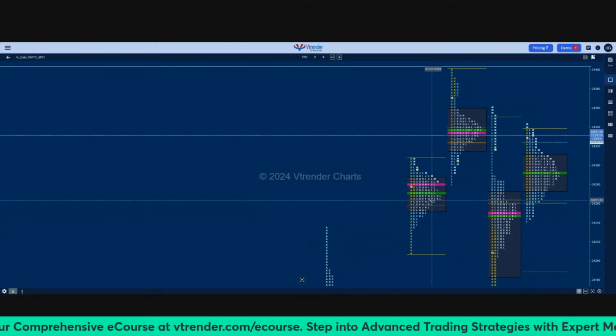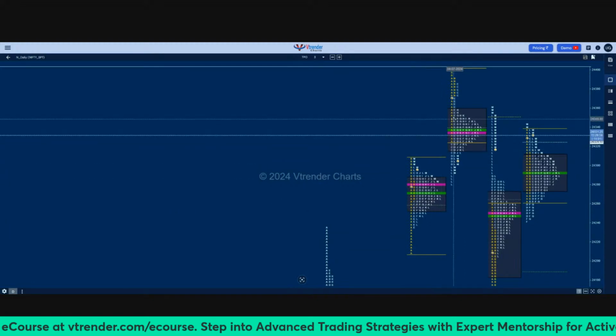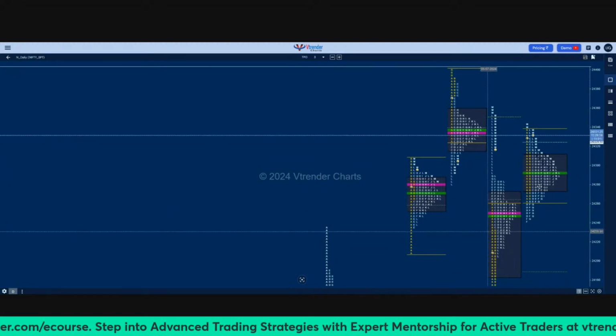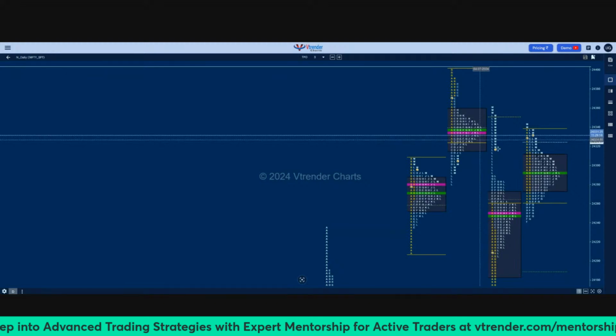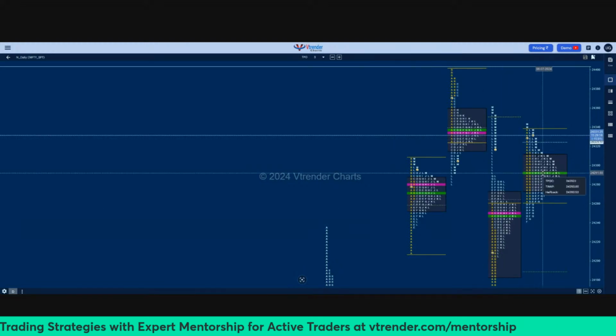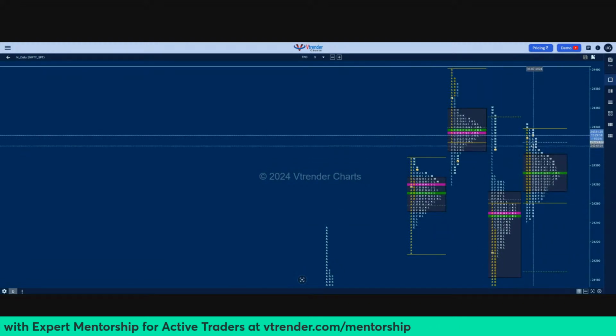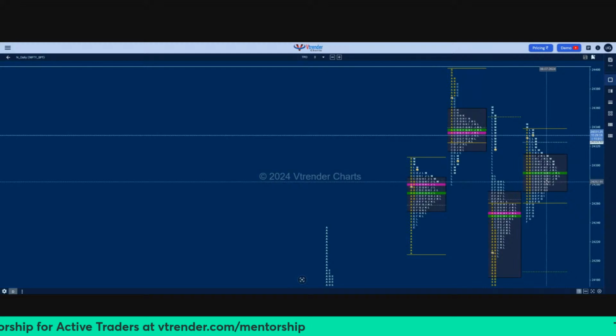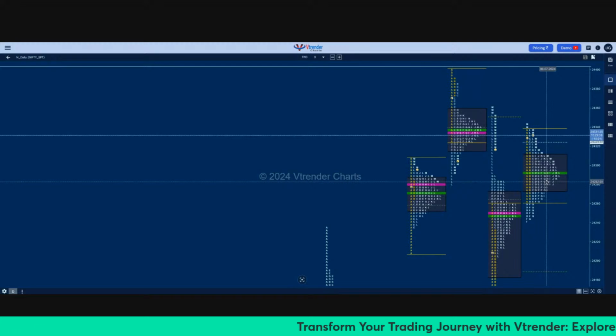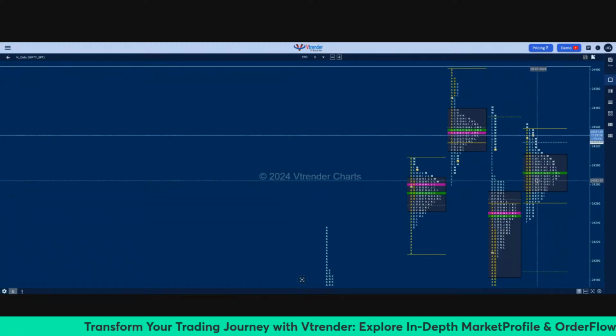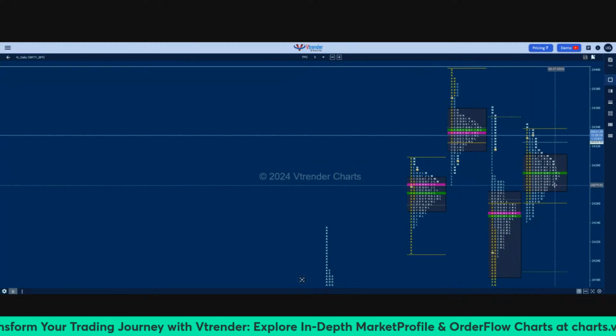So right now we can very clearly see the value is up one day, down one day, and today it is in the middle of the last 2 days' values. So when we have this kind of a profile, it is an indication that a good move is coming. Which direction, we will have to wait for the open type, and see which of the days at the open gives a move away from this composite balance.